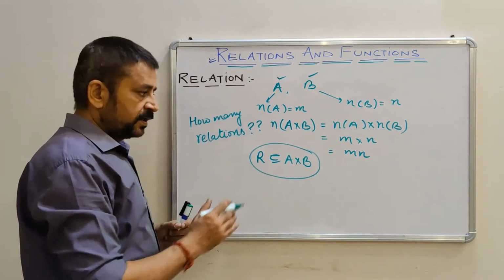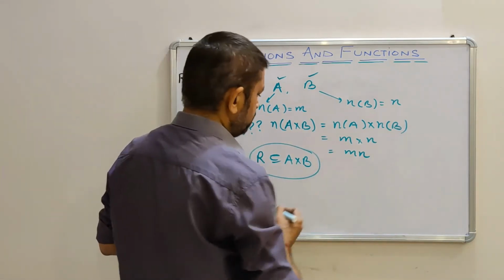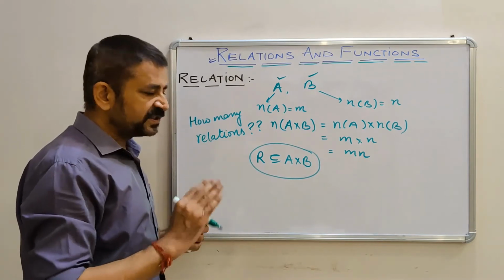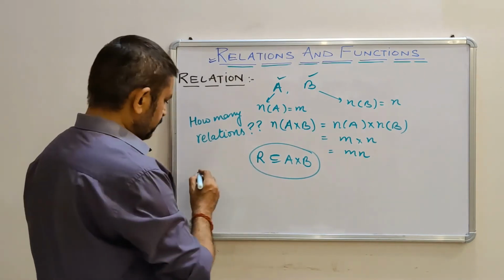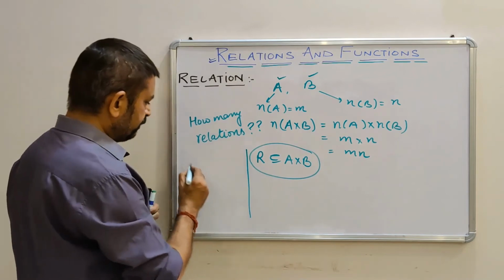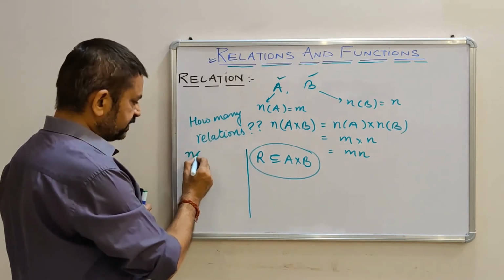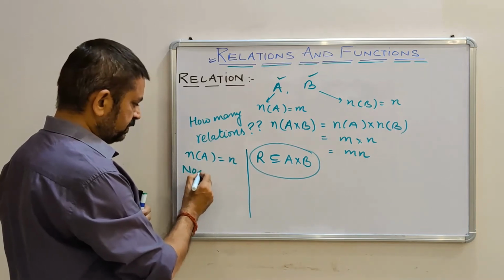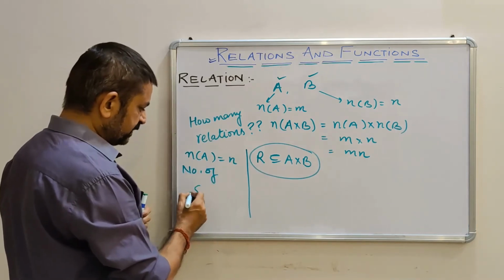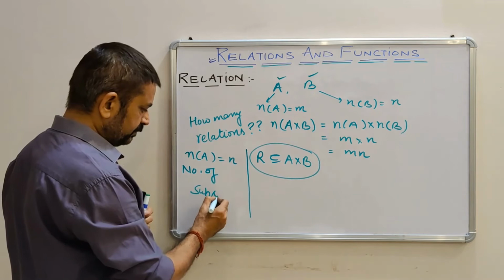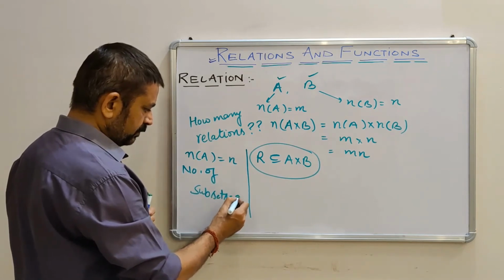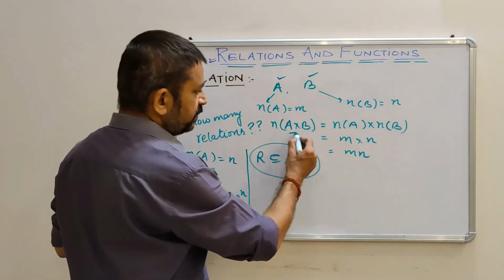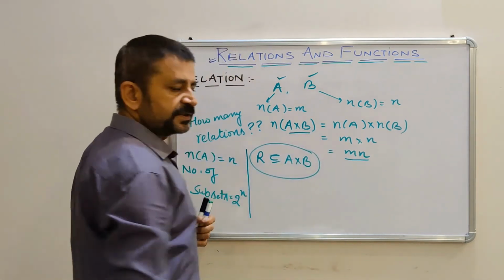And we know that if one set is given, how many subsets can we form? We have this formula. If a set consists of n elements, then the number of subsets will be 2 raised to n. Now here A cross B is having mn elements.